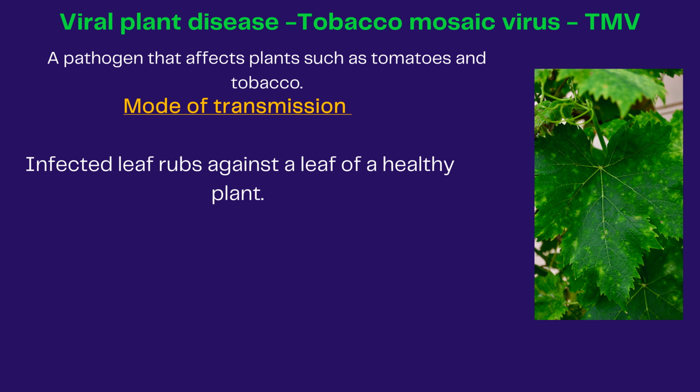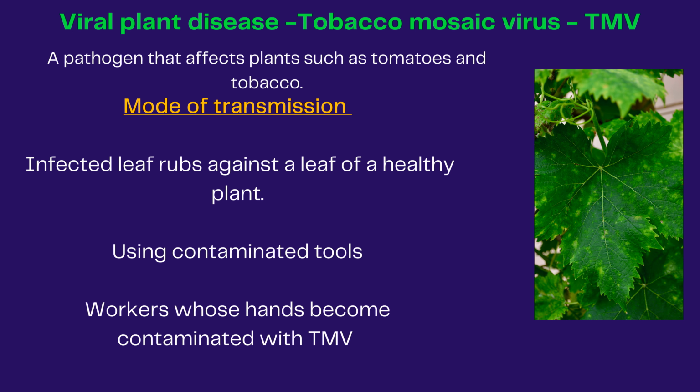One, when infected leaves rub against a leaf of a healthy plant, or when contaminated tools are used, or if workers whose hands become contaminated with TMV go on to touch healthy plants. These are the different ways in which TMV can be passed from one plant to another.